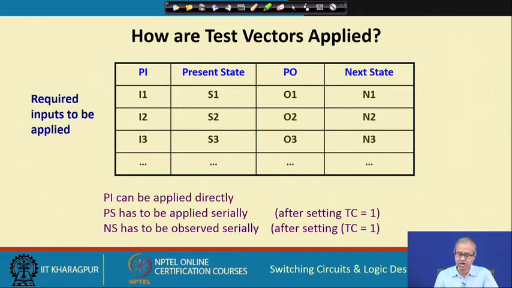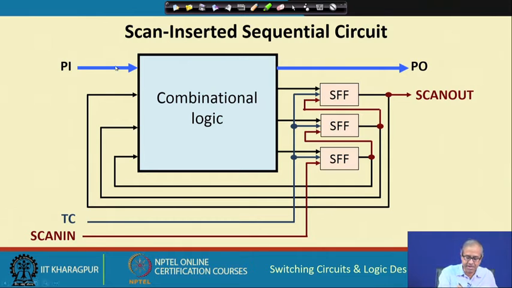So, now the question is, how are the test vectors applied? Just go back to the previous diagram once more: the PI and the present state, and PO and the next state. PI and the present state are the inputs, PO and the next state are the outputs.